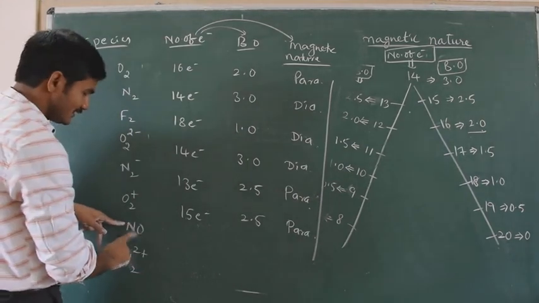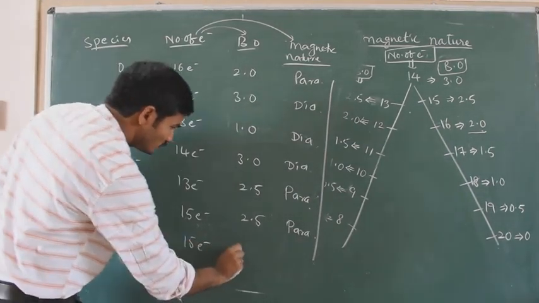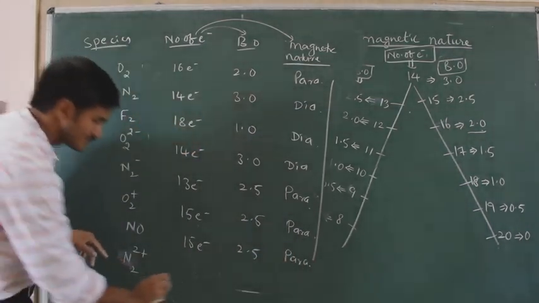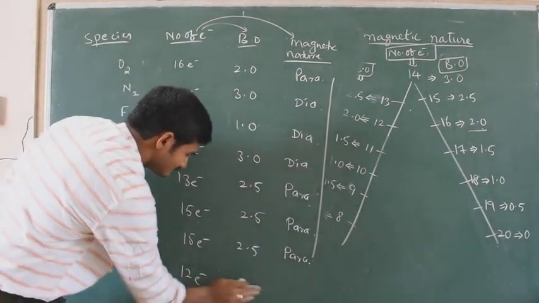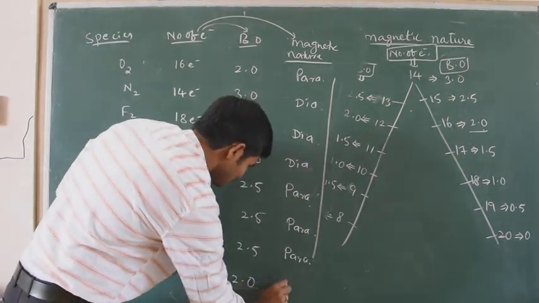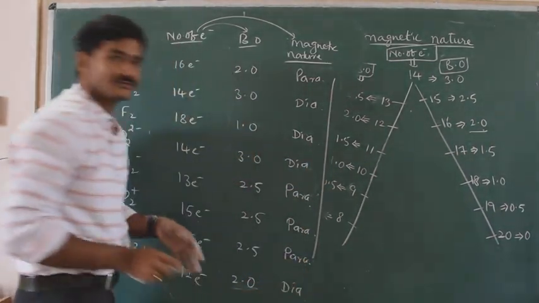NO, 15 electrons, again 2.5, paramagnetic. N2 2 plus, 12 electrons, we write 2.0 and it is a diamagnetic substance.